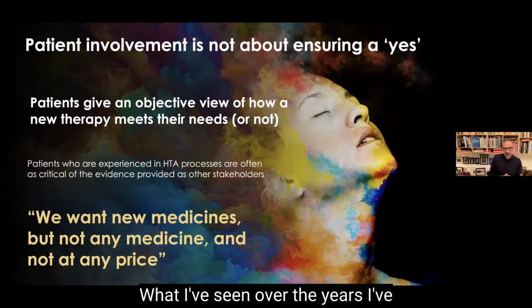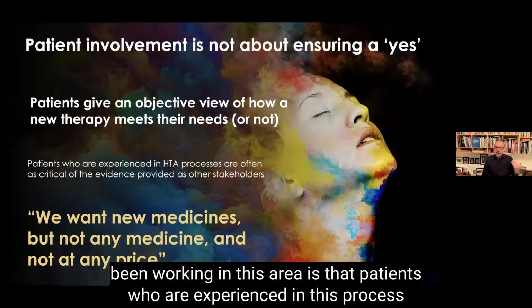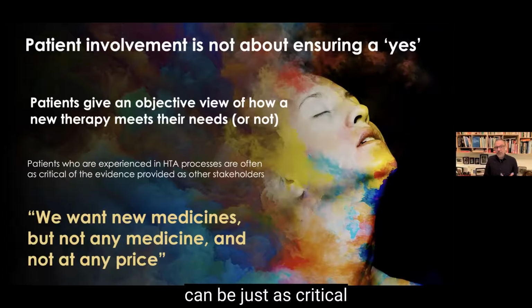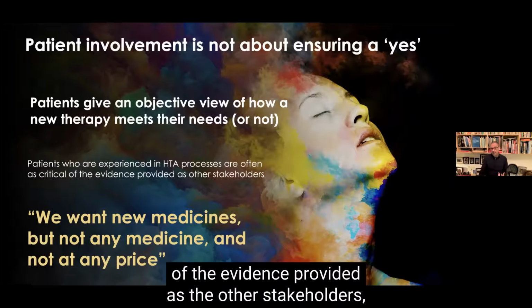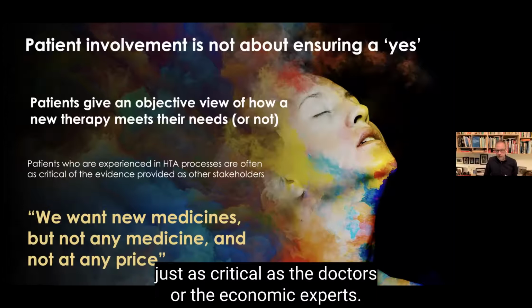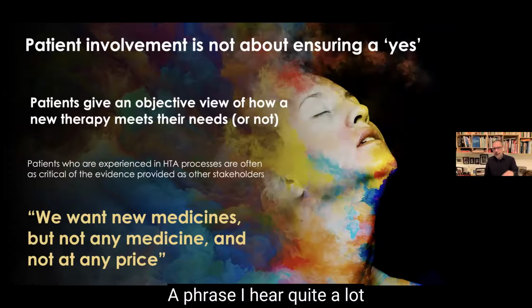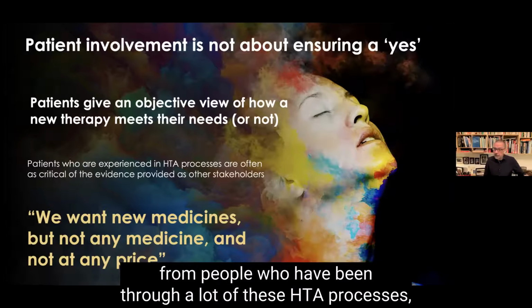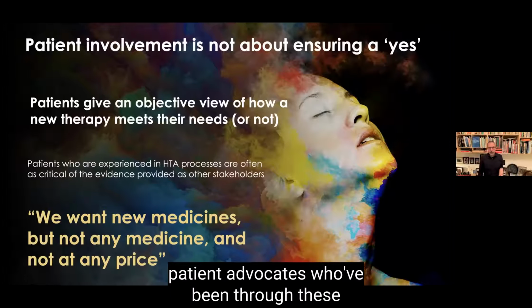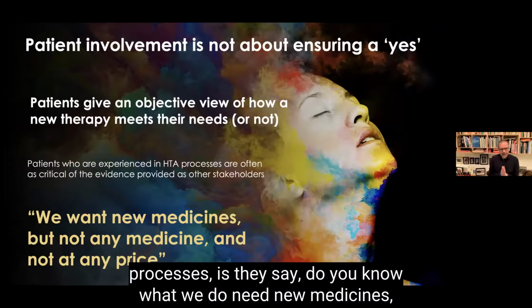And what I've seen over the years I've been working in this area is that patients who are experienced in this process can be just as critical of the evidence provided as the other stakeholders, just as critical as the doctors or the economics experts. And a phrase I hear quite a lot from patient advocates who've been through a lot of these HTA processes is they say, do you know what, we do need new medicines.